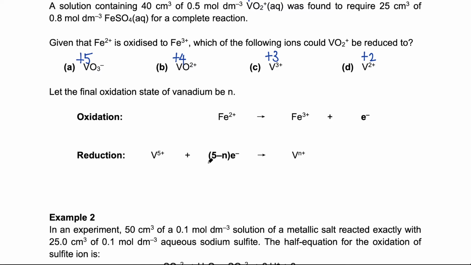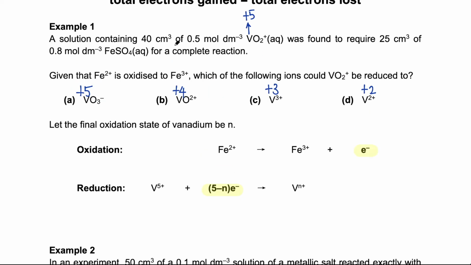The very important rule is that the number of electrons here and here must eventually be the same. We're going to compare that in a while. So let's make use of whatever we have in the question first. 40 cm³ of 0.5 mol per dm³. If we work out the number of moles, we will get 0.02 mole.